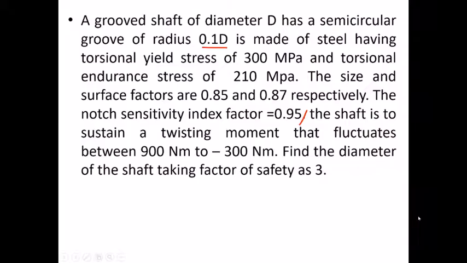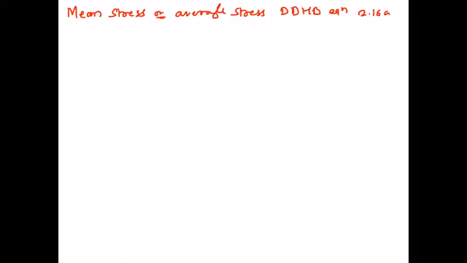Right. Now let us find the mean stress and amplitude stress. Let us go for the mean stress, or average stress. You refer to the design data handbook, equation number 2.16a. So tau m equal to tau max minus tau minimum divided by 2.